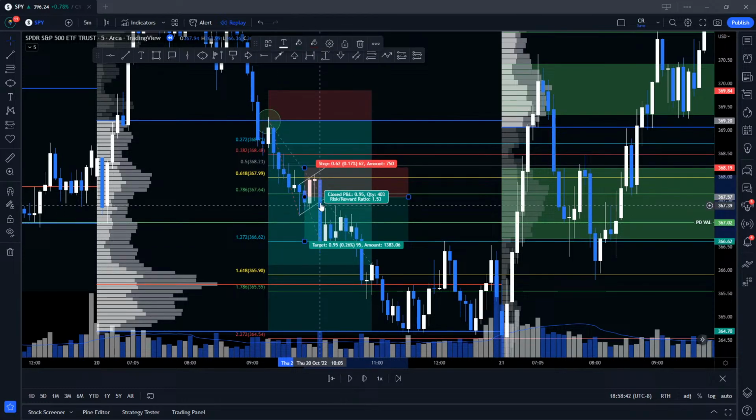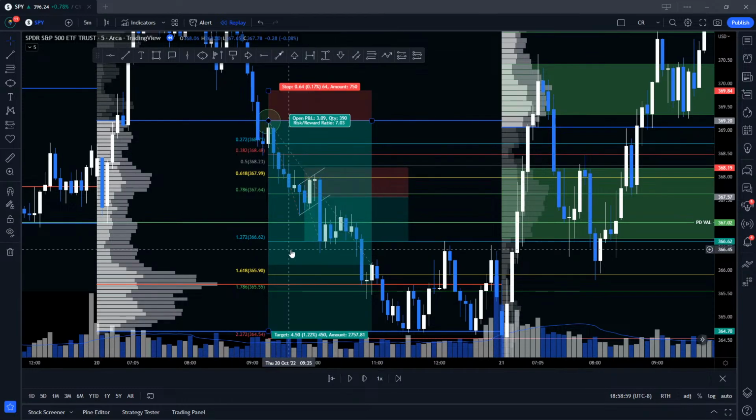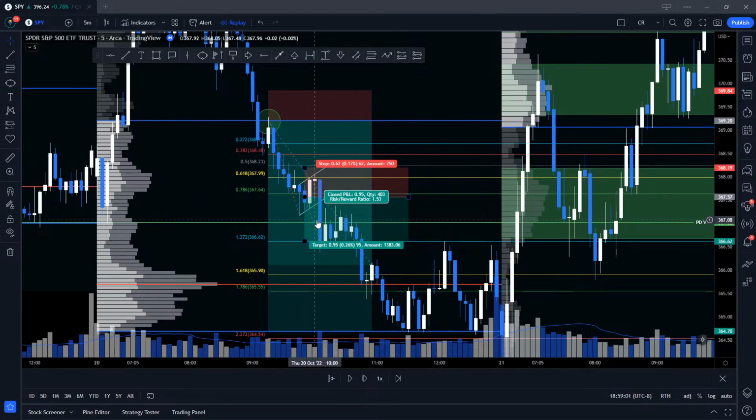In this case, this would have been an easy trade. We had a 5-minute candle that just dumped. You wouldn't have had to be moving stop losses and worrying about any of that. You got it in one clean move, but we all know that doesn't happen all the time. So this one would have been nice. But if that's what's happening, you just keep moving your stop loss as the trade's happening.